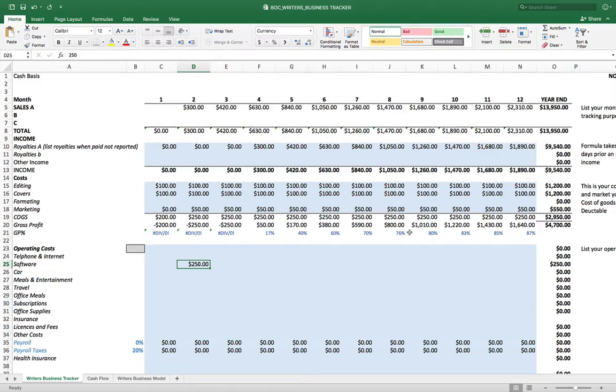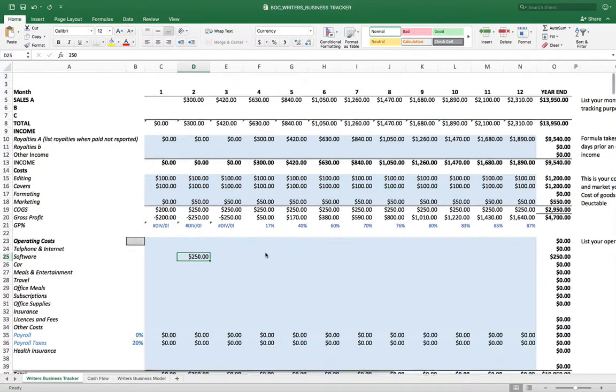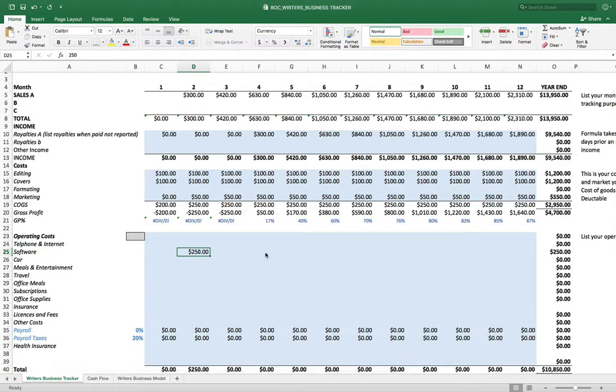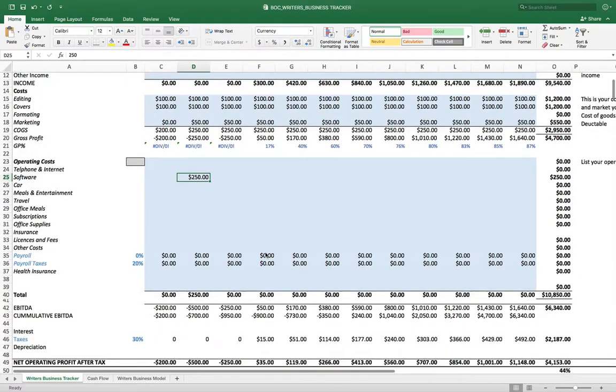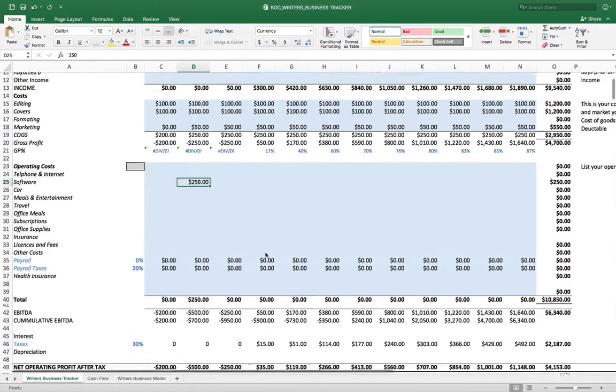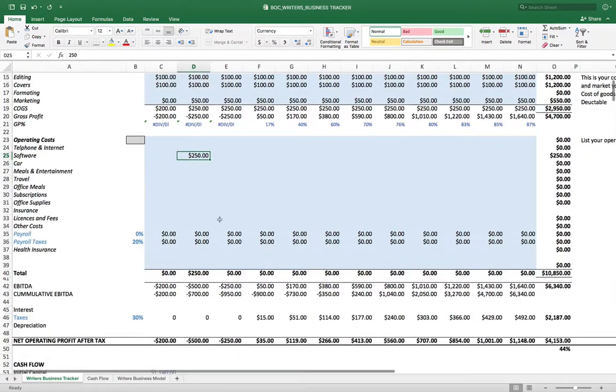Those are great gross margins to have. Most businesses don't operate on those. But out of that gross profit has to come any additional expenses, including your taxes and any salary that's coming out of the business. So let's talk about the next section, which is operating costs.